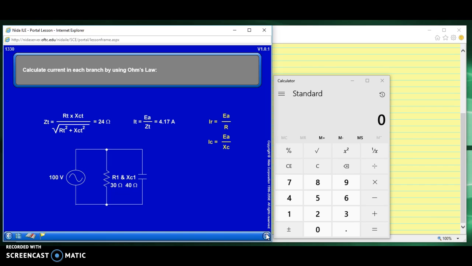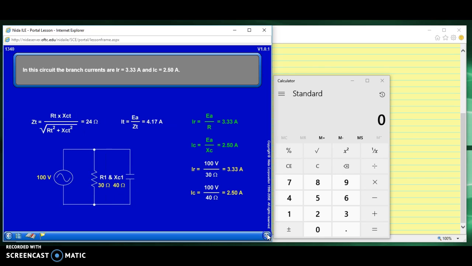And we can calculate the current in each branch by simply dividing by either the R or the X of C. And when we take a look, notice these two current values do not add up to I total.